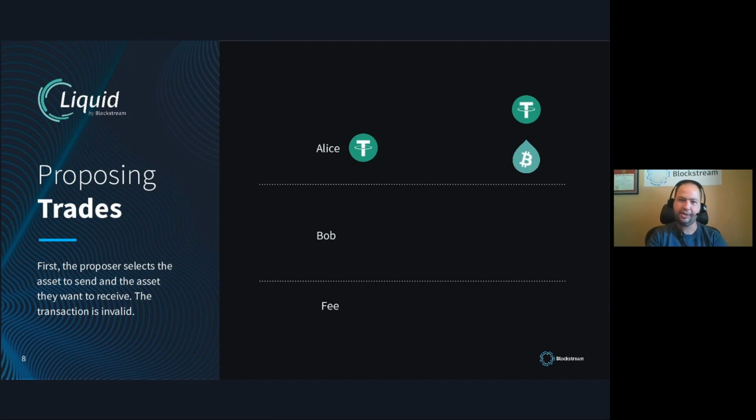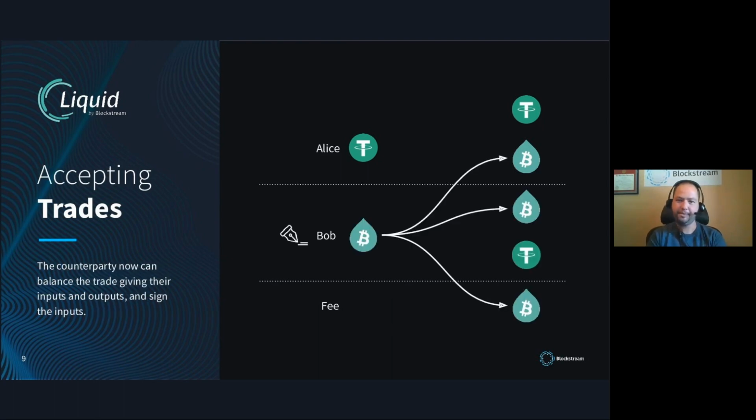But she can take this transaction that's partially constructed and now give it to Bob. Later, Bob can take this transaction and attach his Bitcoin to it. So when he attaches his Bitcoin, he can direct it to go matching that amount that Alice is asking for, give himself some change if there's any left over, and then have the last bits go into a fee. This pays for the transaction to get included in a block in Bitcoin.